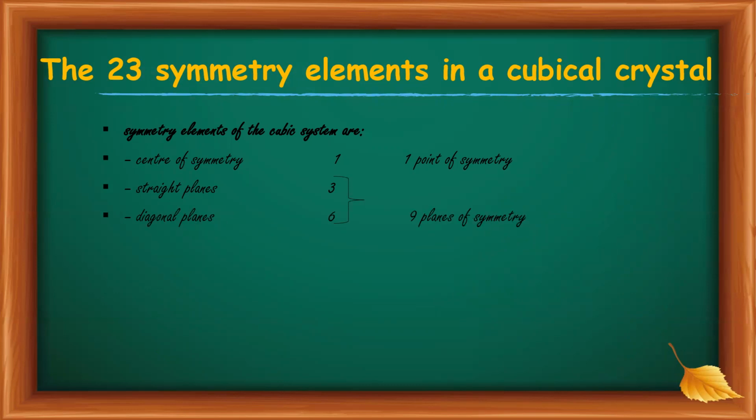There are 9 planes of symmetry, and 3 tetrad axes, 4 triad axes, 6 diad axes. So 13 axes of symmetry. So when we sum it, we get a total of 23 symmetry elements.